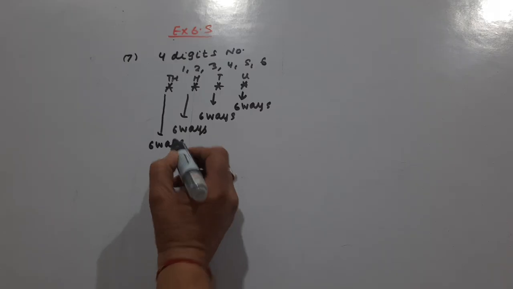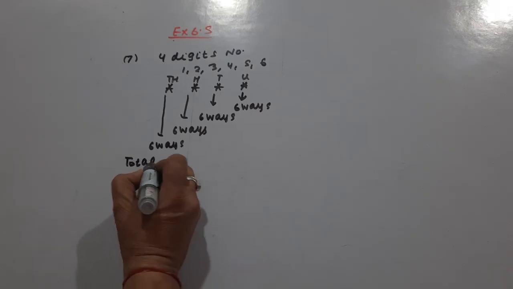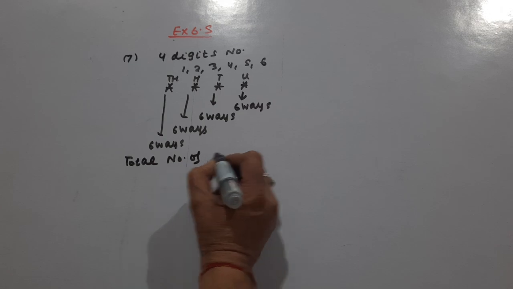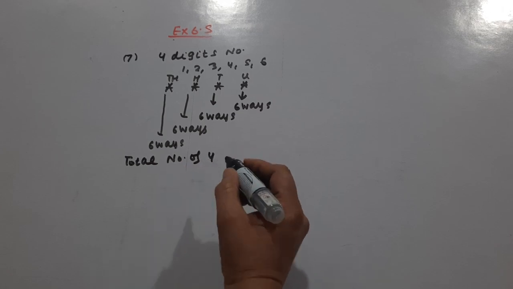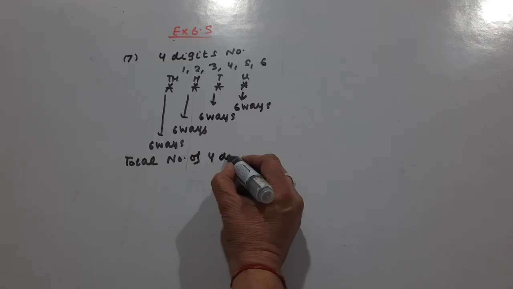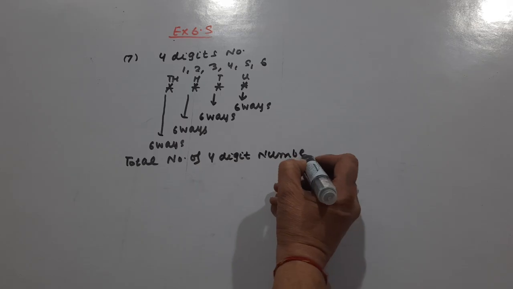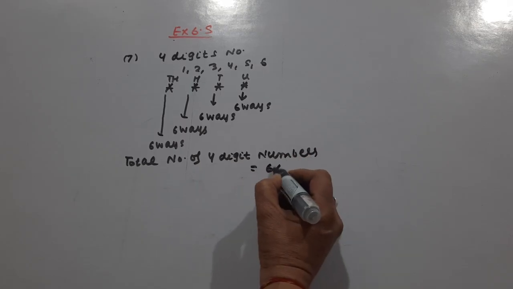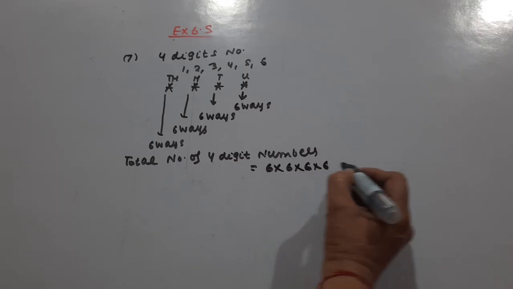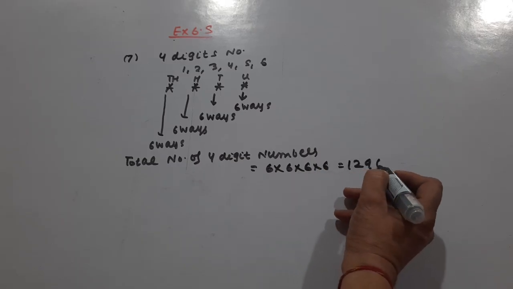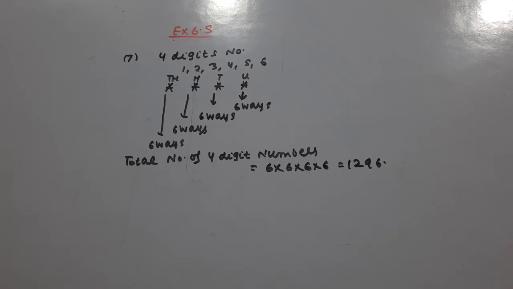So total number of 4 digit numbers is equal to 6 into 6 into 6 into 6 equal to 6 power 4, and this is equal to 1296. So total number of 4 digit numbers that can be formed by using the digits 1, 2, 3, 4, 5, 6 when repetition of digits is allowed is equal to 1296.